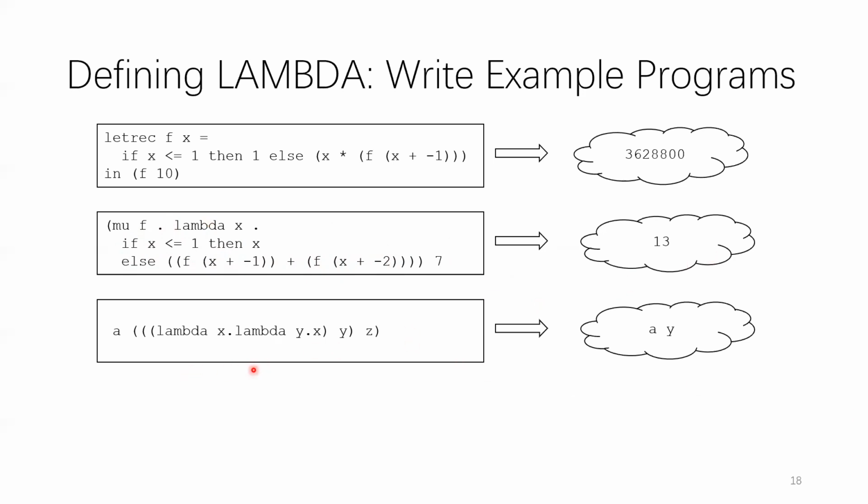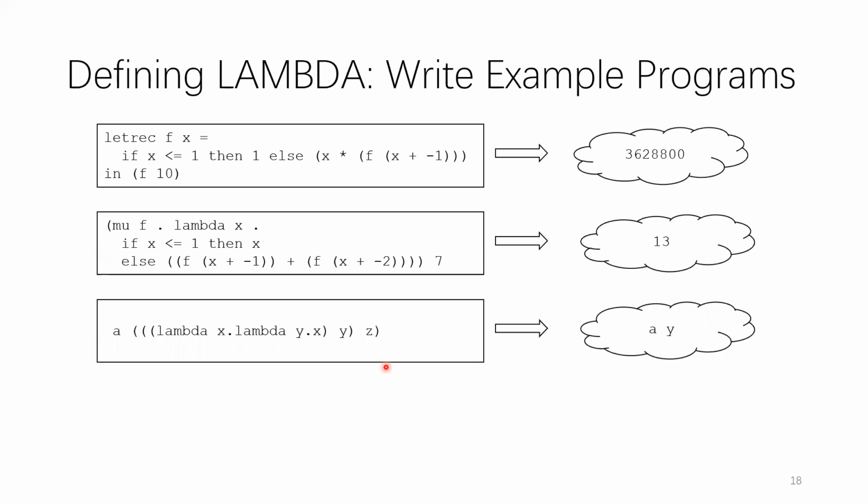And then we have the last program. It's just a very simple lambda calculus expression. And by applying the beta reduction rule, we know the result is y, right? Because by applying this rule, you will end up with lambda, by variable renaming, lambda z dot y, and apply to z, you'll have y. So y is the result. So the point of this program is to test the alpha renaming and capture avoiding substitution.